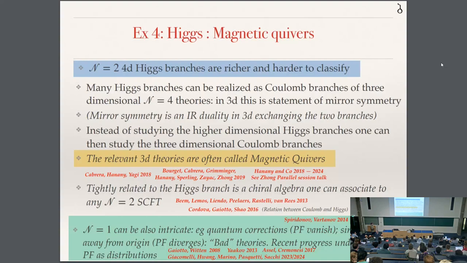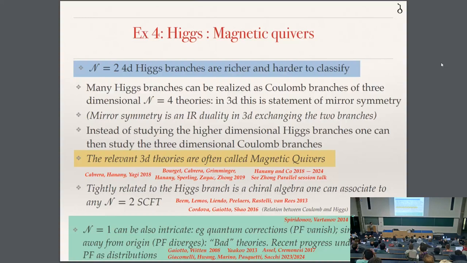Tightly related to the notion of Higgs branches, there is a lot of mathematical physics. For example, there is this notion of vertex operator algebras, which is thoroughly discussed by these authors. And there is an intricate relation that I think nobody understands, between Coulomb branches of N=2 theories and Higgs branches of N=2 theories, following from this very interesting paper, which is already very old.